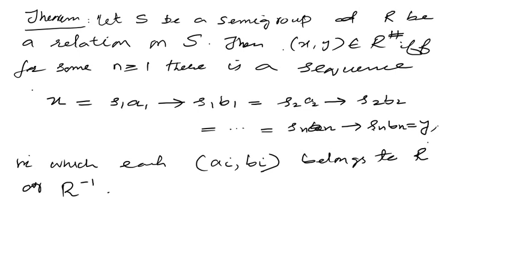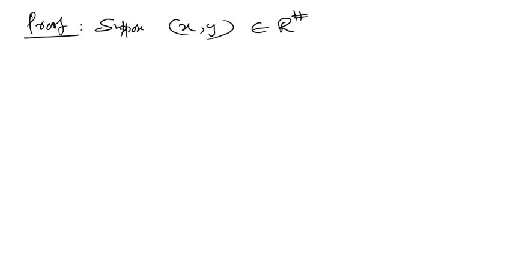First we assume that the pair XY is in R sharp, and we'll try to construct this sequence of transitions from X to Y. Proof. So suppose the pair X comma Y belongs to R sharp. Since this R sharp, you have seen, is equal to RCE.